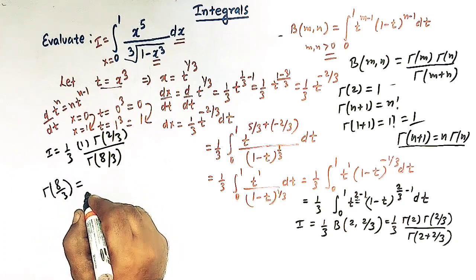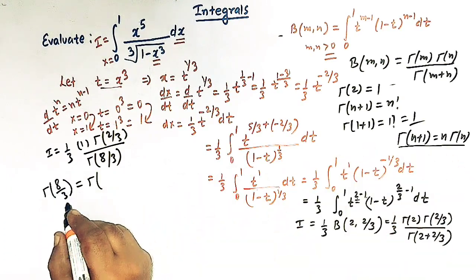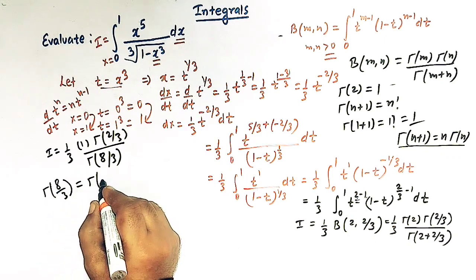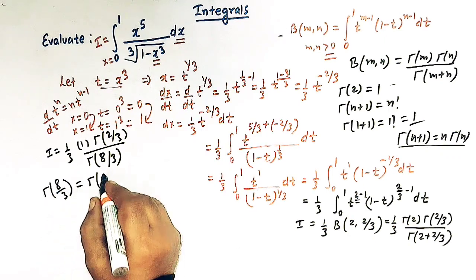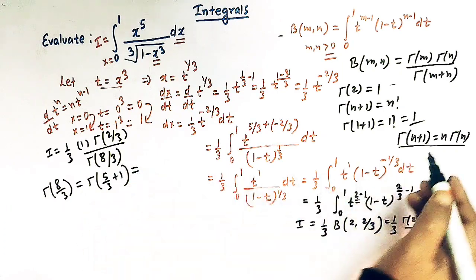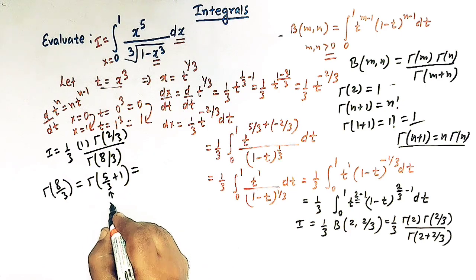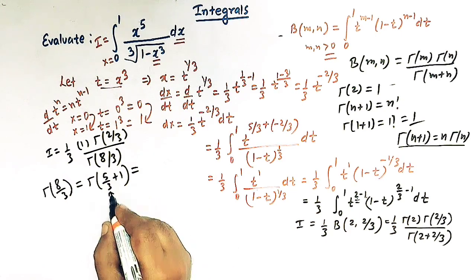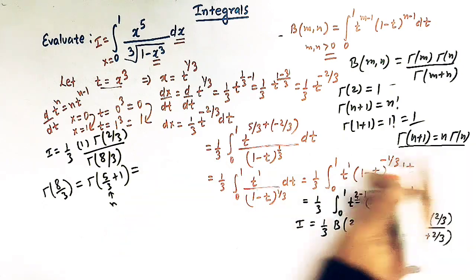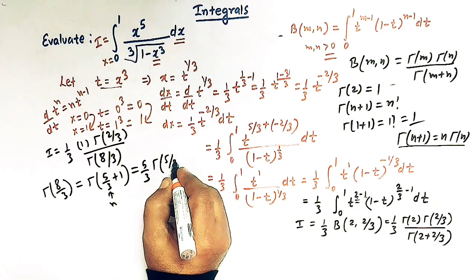So we can now write, here we have a positive fraction, that is 8 over 3. So 8 over 3 can be written as 5 over 3 plus 1, that is of the form gamma n plus 1. So here n is a positive fraction, that is 5 over 3. So we can apply this rule. So we have 5 over 3 gamma 5 over 3.